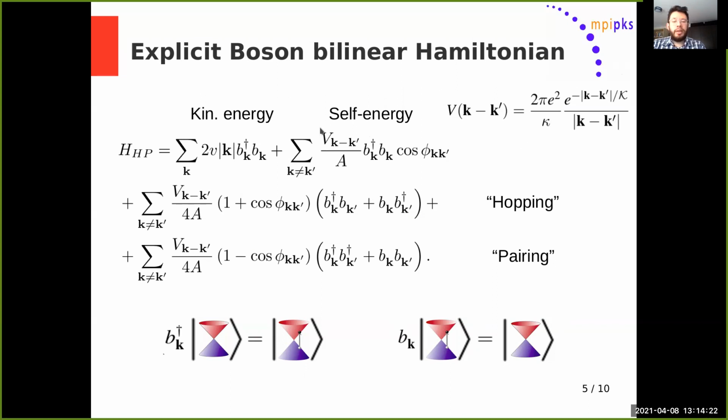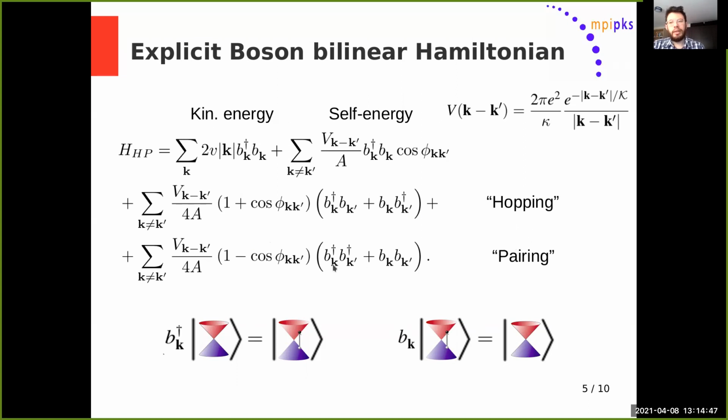But we not only obtain the self-energy, we also obtain two quite interesting terms. One is a hopping term, which means that these interactions allow the bosons to jump from one momentum lattice site to another. But not only does it allow them to hop, it also pairs them.